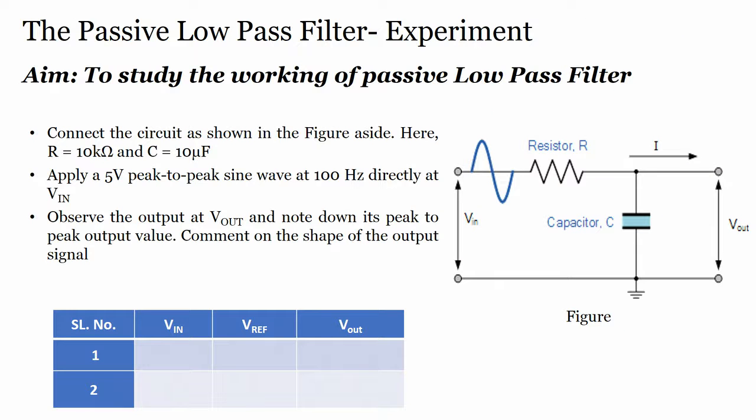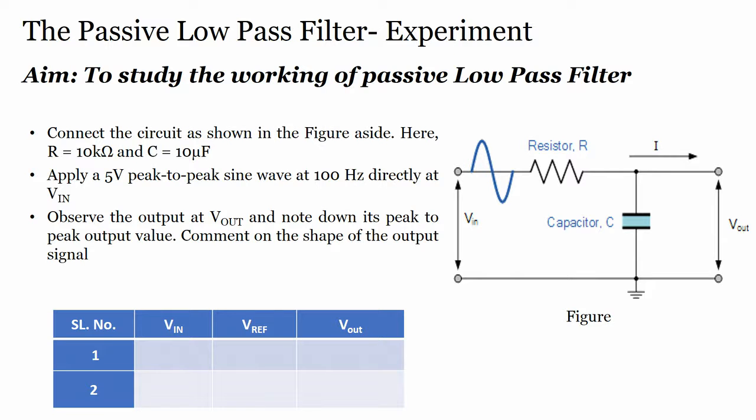experiment part. Now, here we will be understanding the passive low pass filter, and we have to understand how the experiment would work. First, we will study the working of the passive low pass filter.